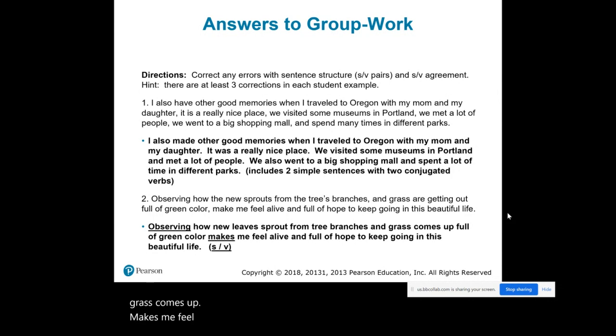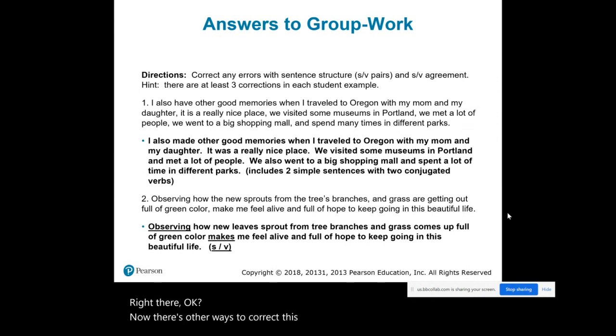So that's a subject, observing. It's a long, long gerund phrase, but that's a subject, and then the verb we have to conjugate correctly. So that's a subject-verb agreement error that the person made. I have to put the S right there, okay? Now, there are other ways to correct this sentence.